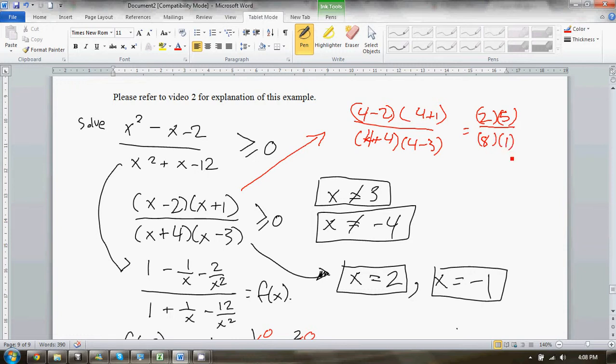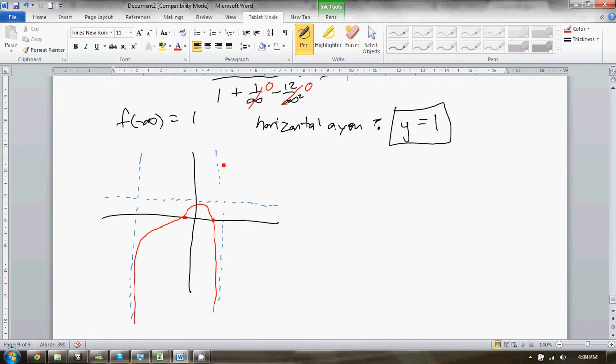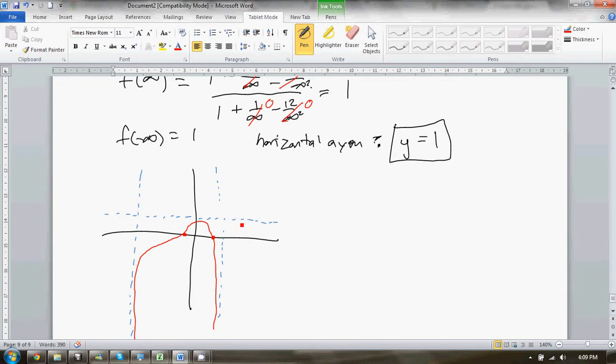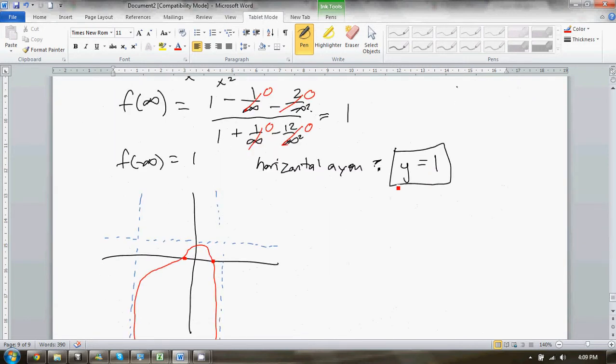This is going to be some positive value. Actually, we do care what the value is, because we have to figure out if it's above or below 1. It's 10 over 8, so obviously it's above 1. So it's going to be in this region of the two asymptotes, and we just sketch this curve here.